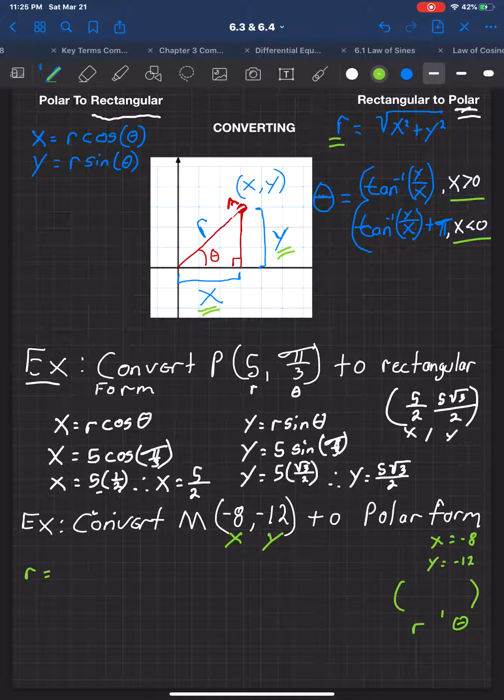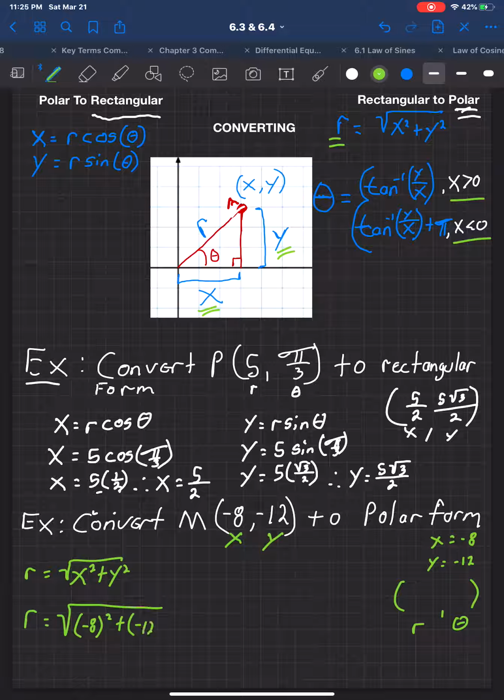So r is equal to the square root of x squared plus y squared. I know what x is, I know what y is, so let's plug those in. So r is equal to the square root of -8 squared plus -12 squared. In other words, r is equal to the square root of 208.